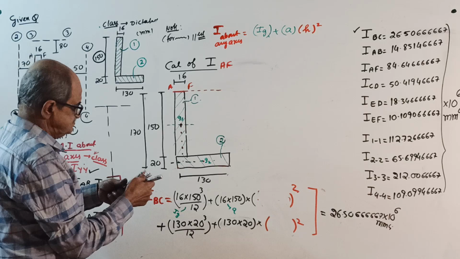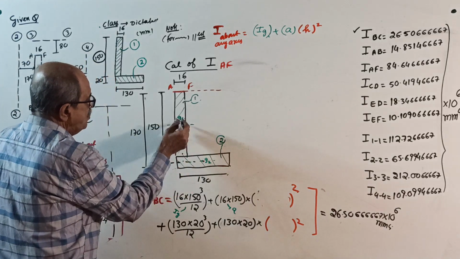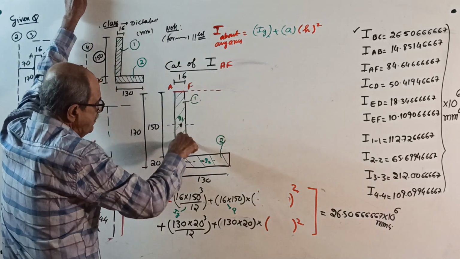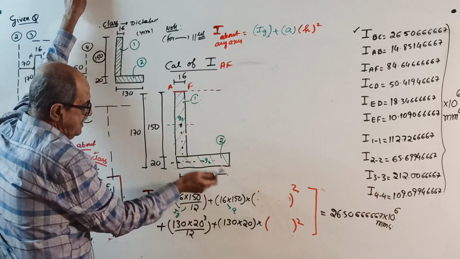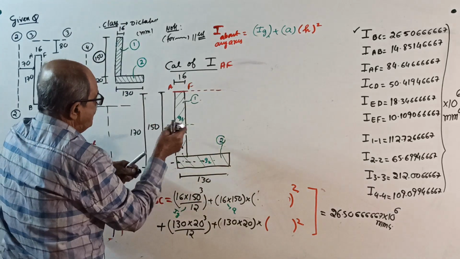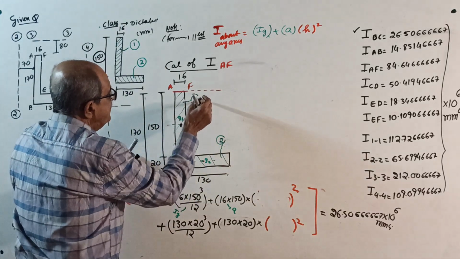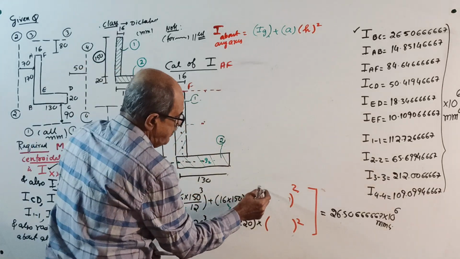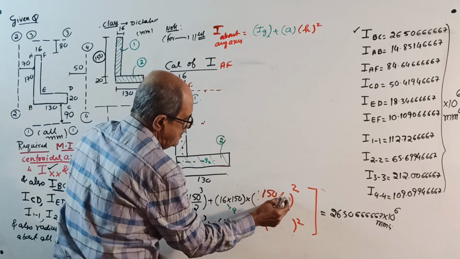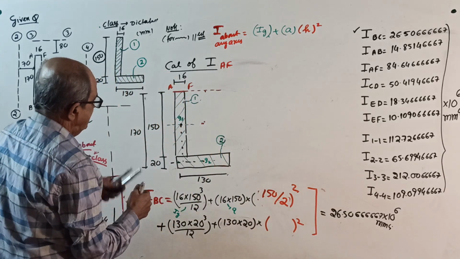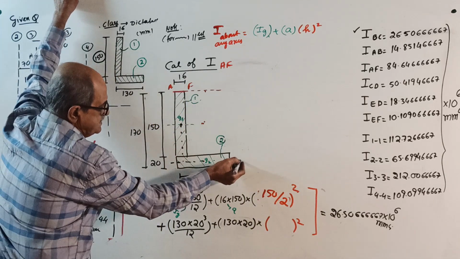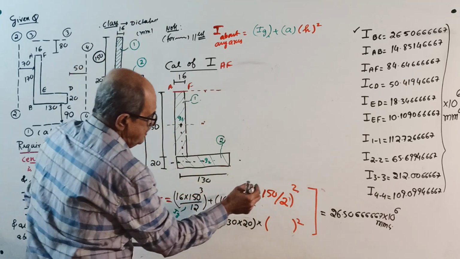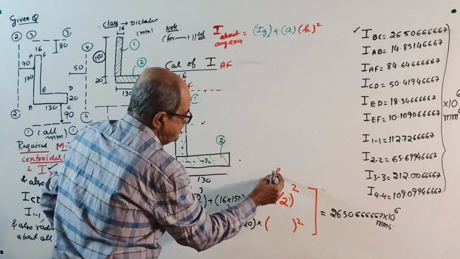Now, start. First, I about its own center on the axis: 16 into 150 cube by 12, same as last time. Area, same as last time, into the distance from the centroid to this axis, this perpendicular square is 150 by 2 whole square. That's all. Plus, for this one, first you should write once again. This is H actually, I forgot. This is your H. Okay.